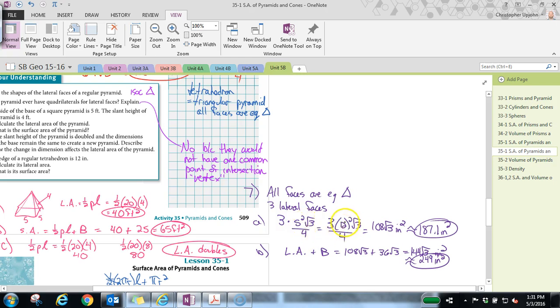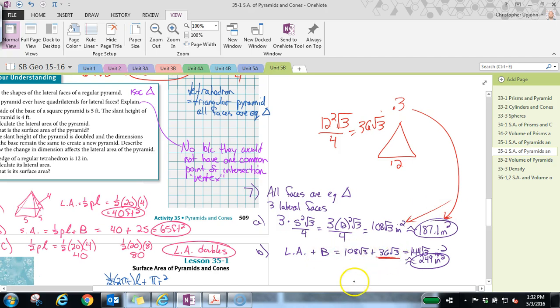So 3 times 12 squared root 3 over 4 gives us 108 root 3, or each equilateral face by itself is 36 root 3. So 3 of those gives me that. And we add on the base area, we add 1 more, and it's 144 root 3, or about 249 inches squared.